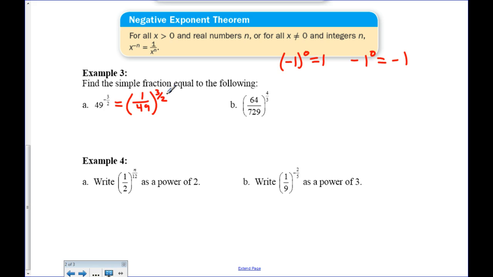Now I could take the square root of it to get rid of the 1/2 part. What's the square root of 1 over 49? Yep, so that'll be 1 over 7 to the 3rd power we still have left. And what's 7 to the 3rd power? 343. Yep, 343.